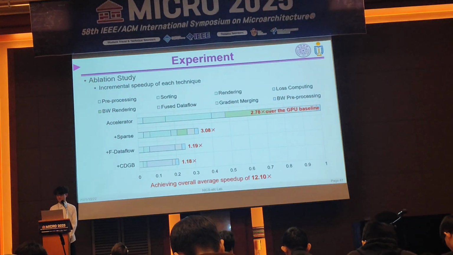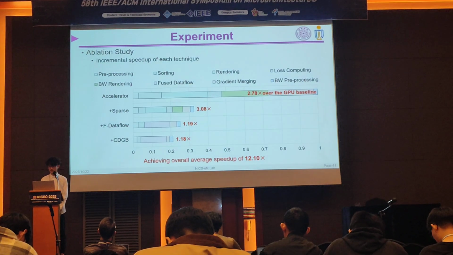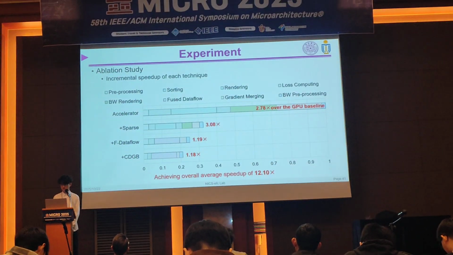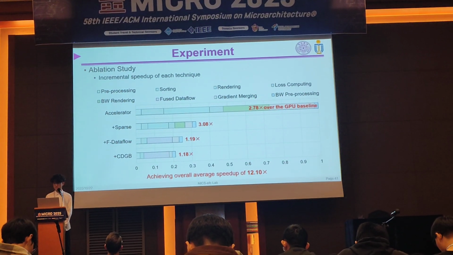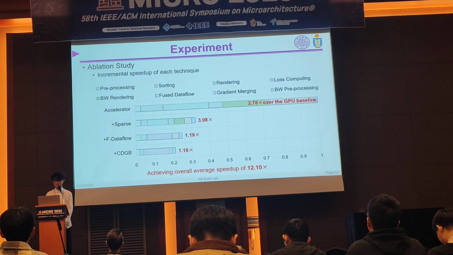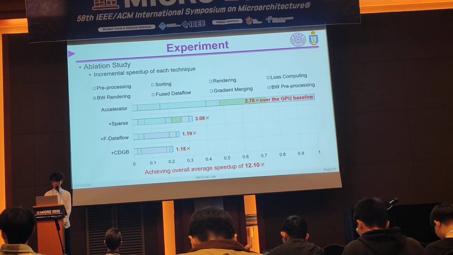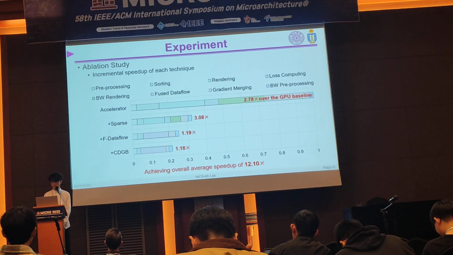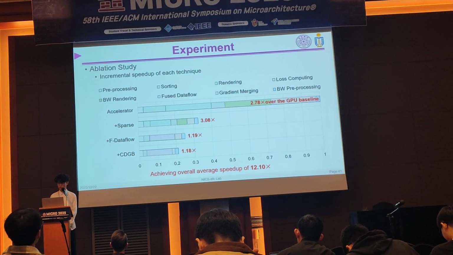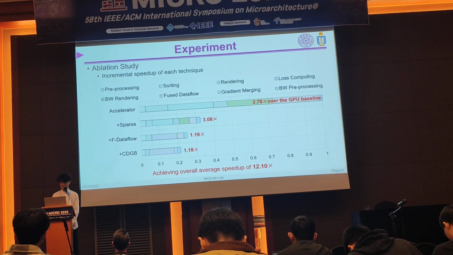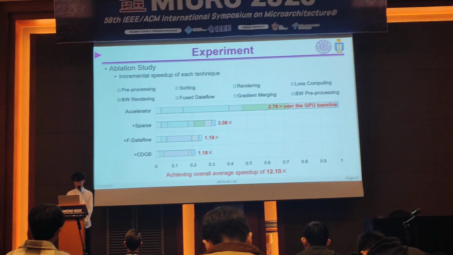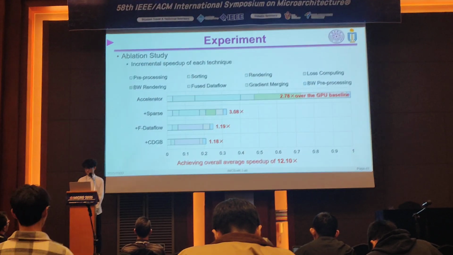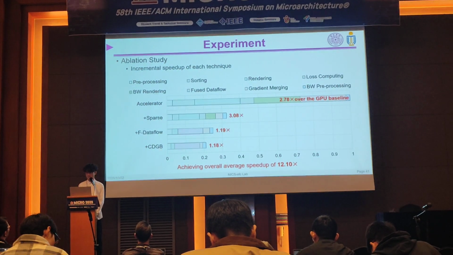And to understand how we achieve this speedup, we come back to an average scene. This chart shows the incremental benefit of our key contributions. We started with a baseline accelerator that implements the original pipeline and a customized render unit, which already provides a 2.78 times speedup over the GPU. Then adding our sparsification algorithm gives a massive 3.08 times speedup.